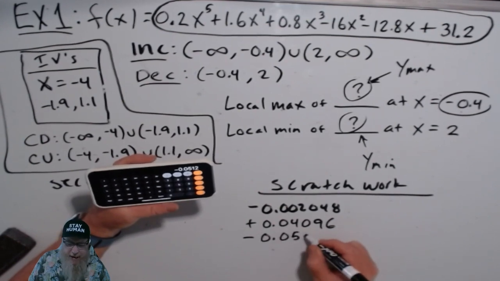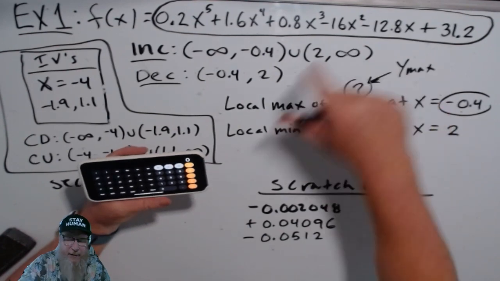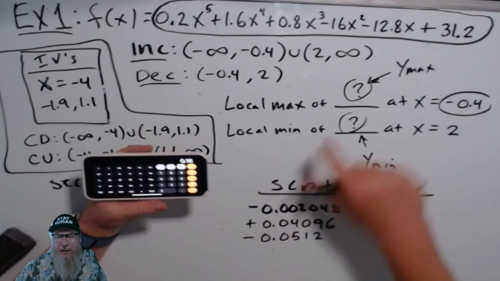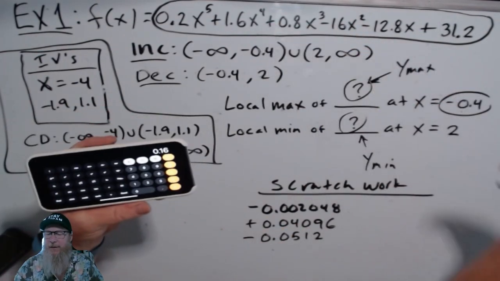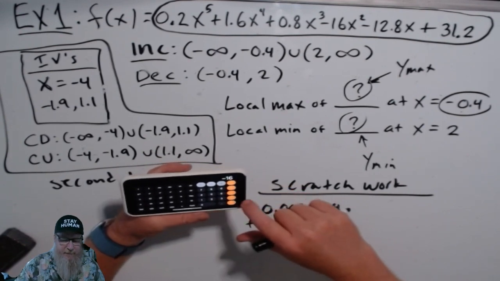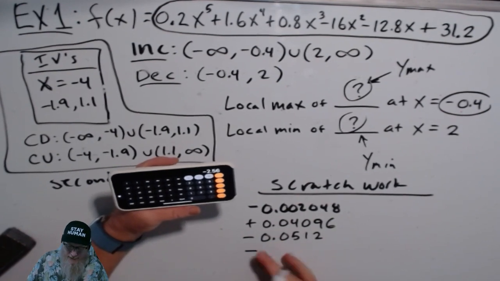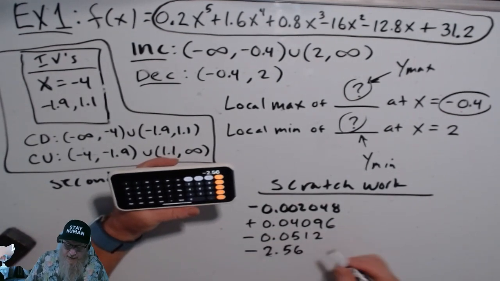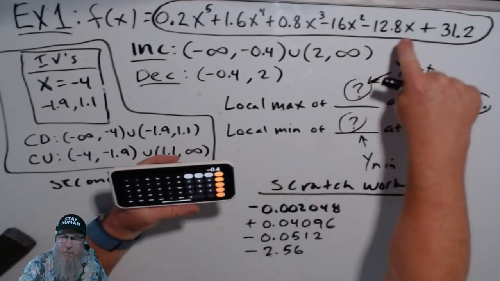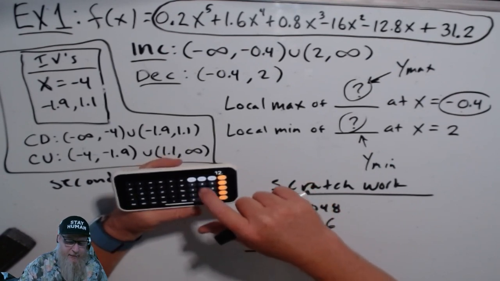It's like debits and credits. -0.4 to the 2nd power. Again, for the even powers, it doesn't really matter that it's negative. And then times -16. I guess that matters, it matters that the 16 is negative. 2.56. -0.4 times -12.8.